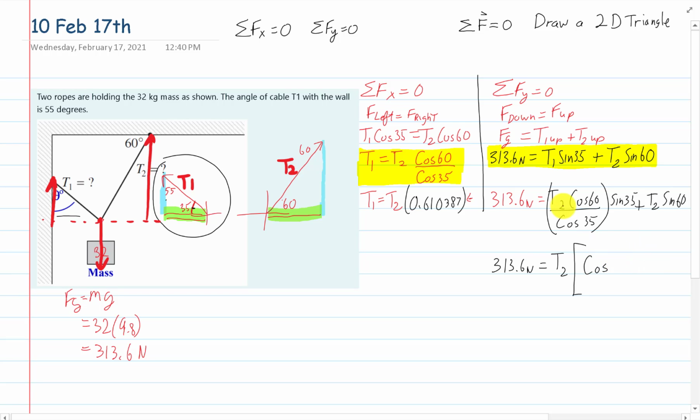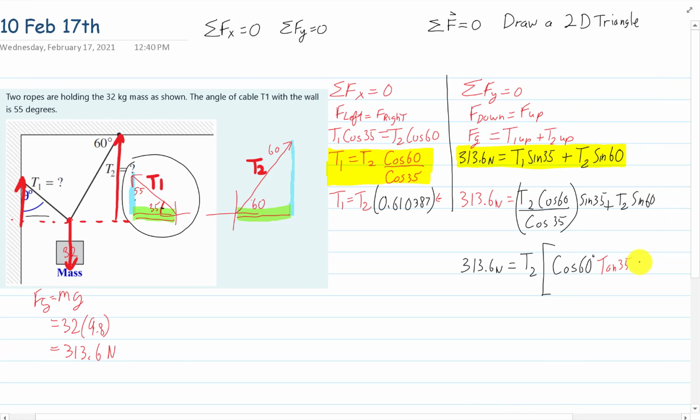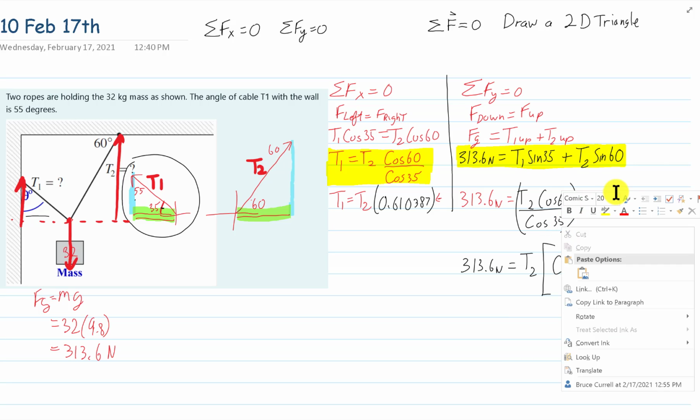Cos 60 times the tan of 35. You see where I got that? Plus the sine of 60. Because it's just sine 35 divided by cosine 35, so you don't have to write the tan there.